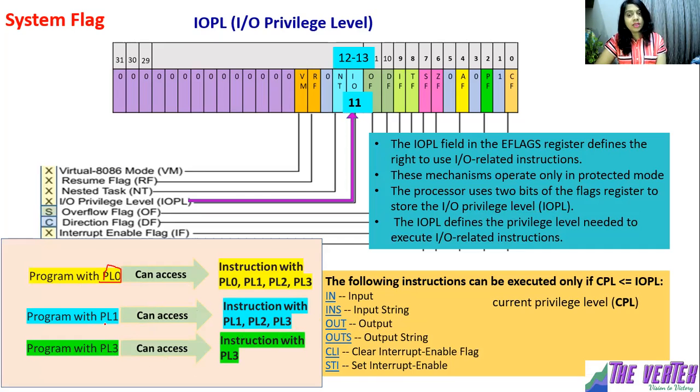If a program has PL1, it can access PL1, PL2 and PL3, but it cannot access instructions with privilege level 0 because 0 has higher priority. 0 can be accessed only by 0. If a program has privilege level 3, it can access instructions with privilege level 3 and not 2 or 1. So this is how privilege level works.